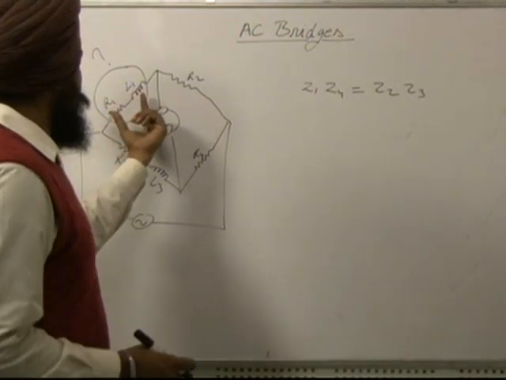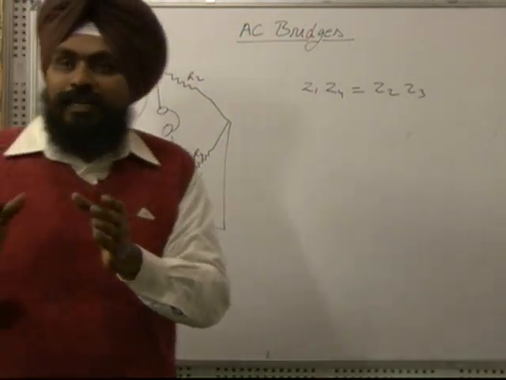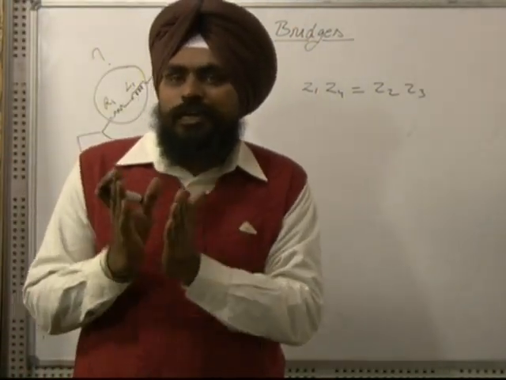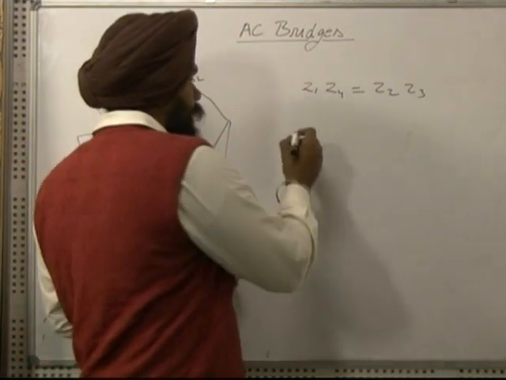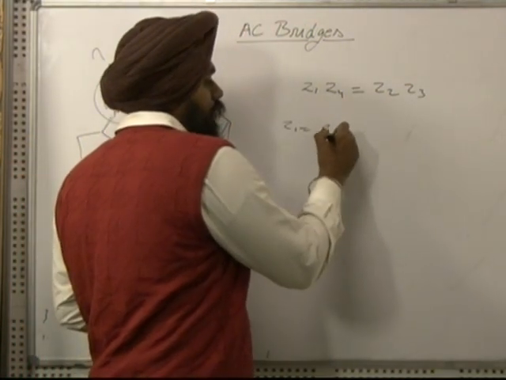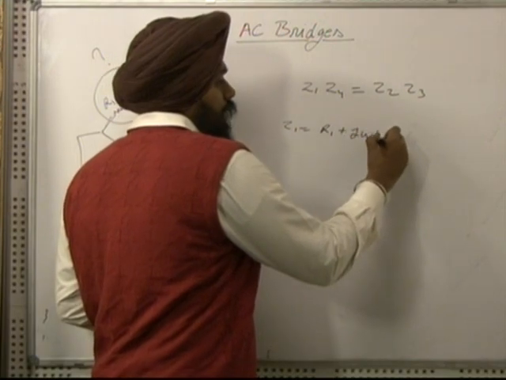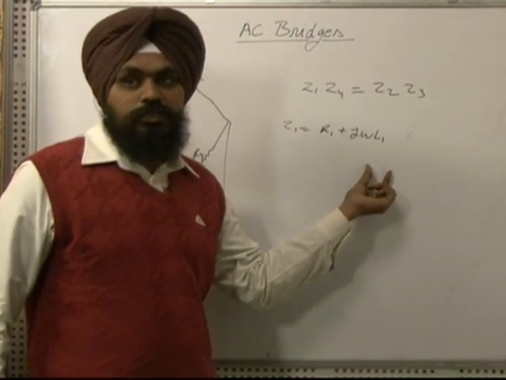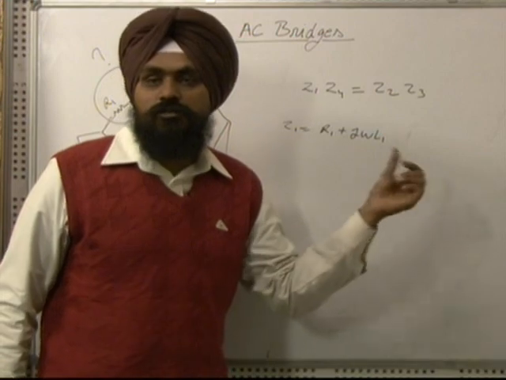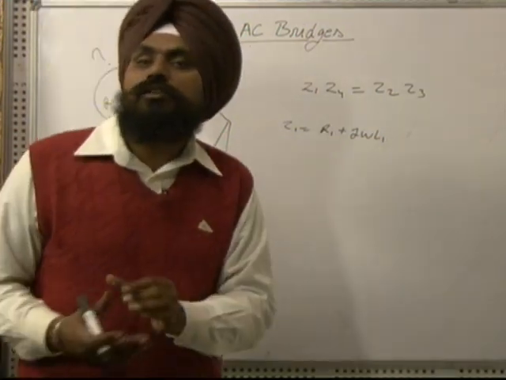तो जब सीरीज में हमारे पास RL सर्किट हो तो उसकी इम्पिडेंस क्या होगी? Z1 की वैल्यू होगी R1 प्लस J ओमेगा L1. Okay, क्योंकि सीरीज में है इसलिए नॉर्मल ऐड हो जाएगा, क्योंकि इंडक्टर की सिर्फ रिएक्टेंस होती है.